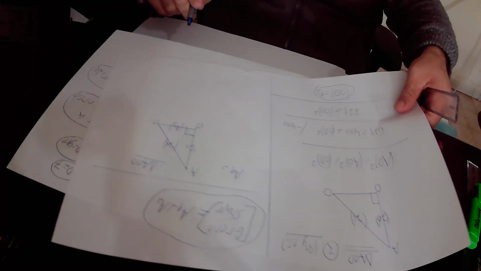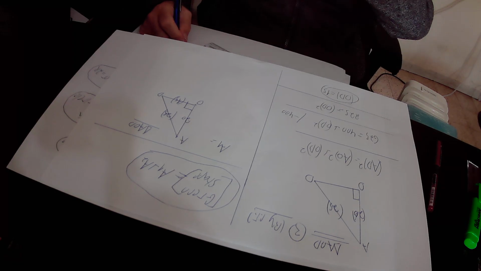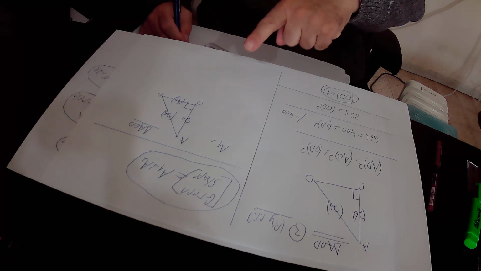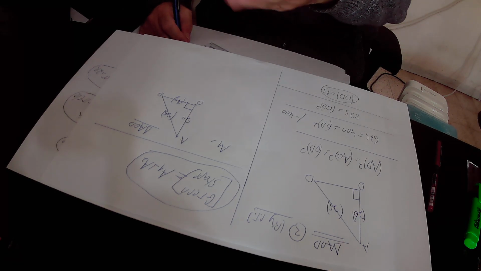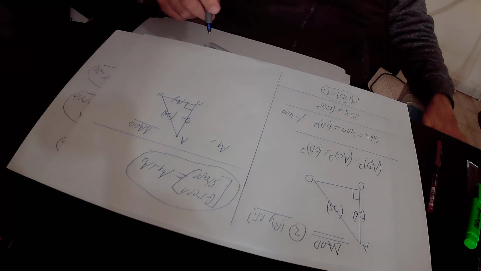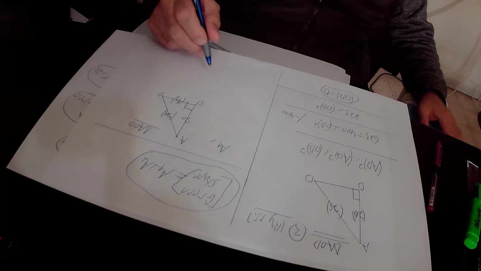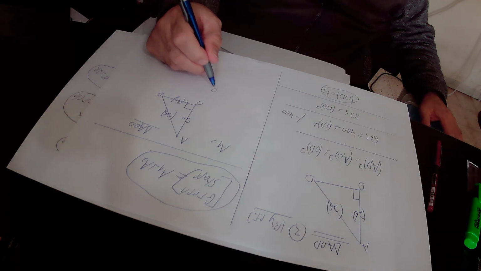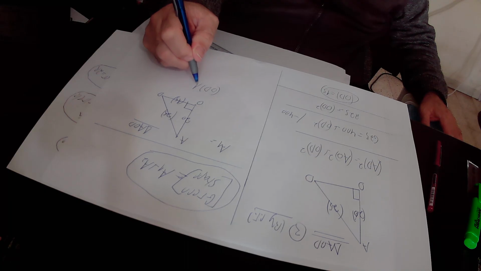Repeat again, the area, and copy the right triangle AOD here, and this is the value of A1, the area of this right triangle. The area of this right triangle equals OD times AO over 2.